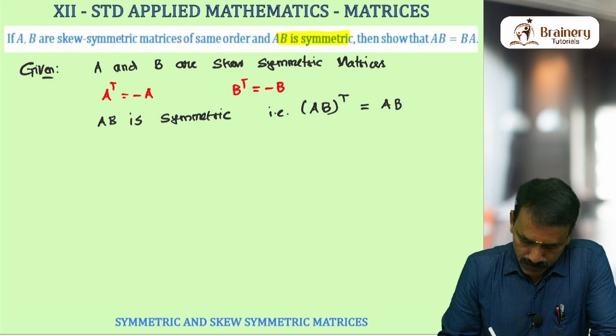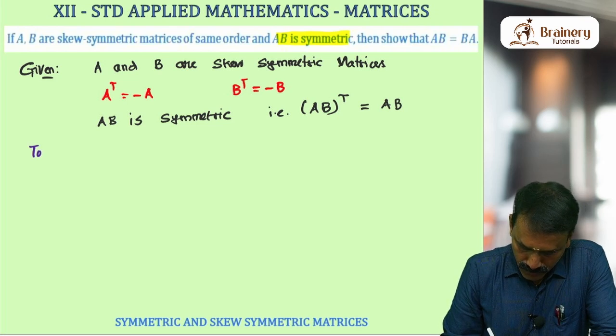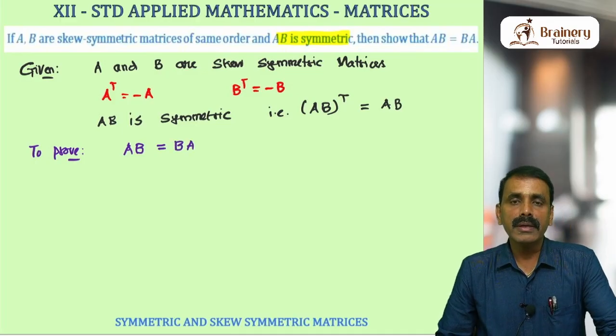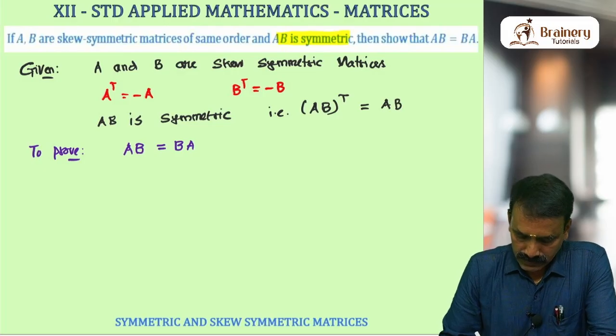What we are supposed to prove? To prove AB is equal to BA. So we start.